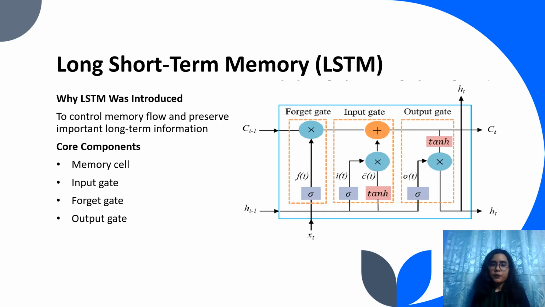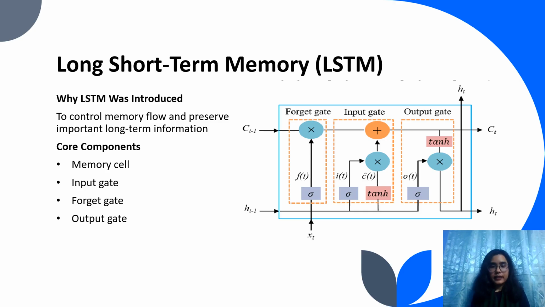To fix this problem of long sequences, we have long short-term memory or LSTM. The key idea of LSTM is memory control. Instead of blindly passing information forward, LSTM introduces a memory cell and several gates. These gates decide three things: what information to store, what information to forget, and what information to use for output.